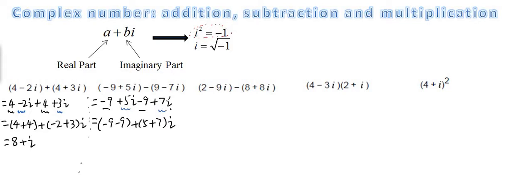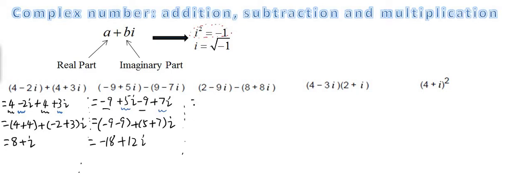Okay, don't miss the i after the imaginary part. -9 minus 9 is -18. 5 plus 7 is 12, so 12i.